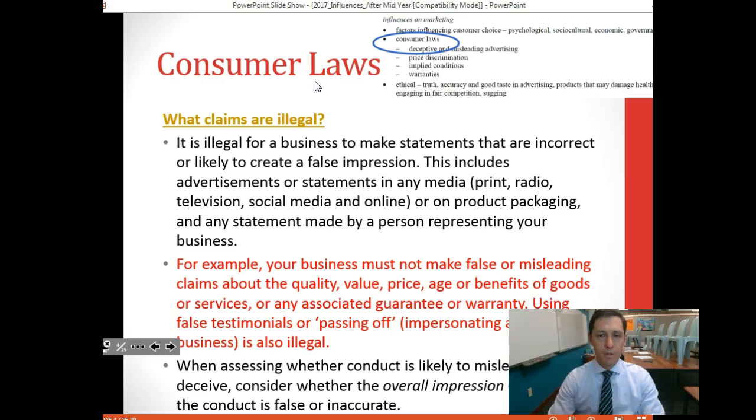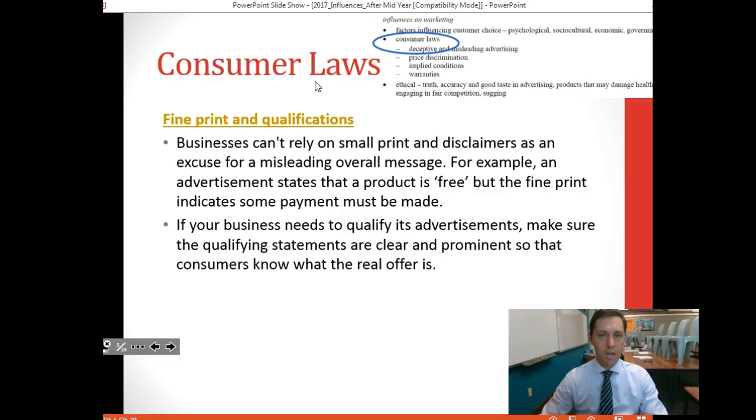But before we do, we need to understand the role that the law plays and how it has changed over recent times. A part of that is also fine print and disclaimers. A business cannot fall back on small print or fine print to get itself out of a potentially misleading statement.